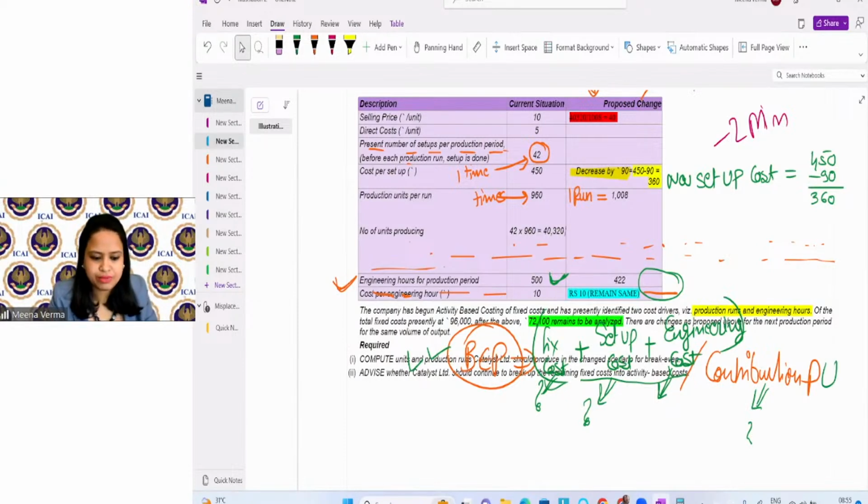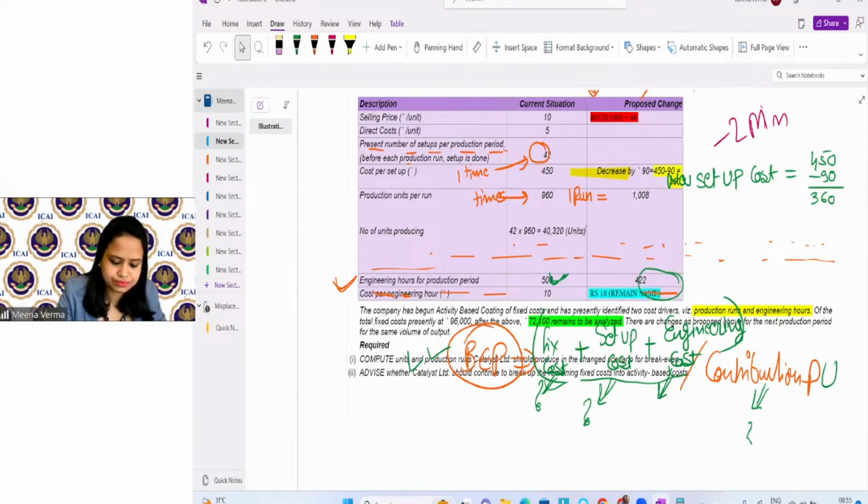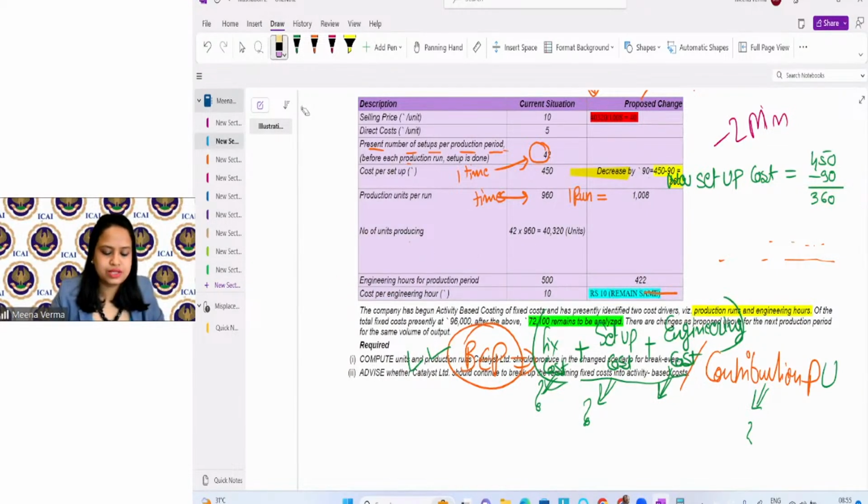If we multiply them, it comes to 40320. These are the units that we are producing here.